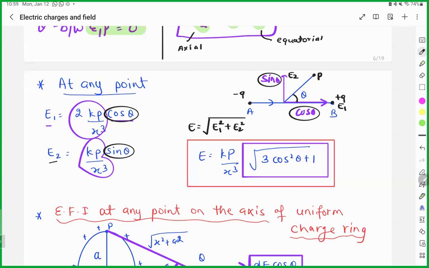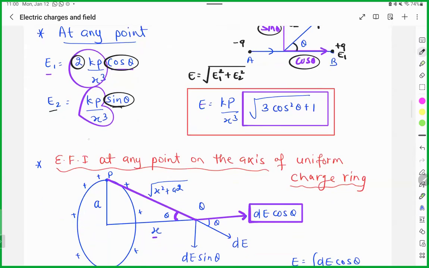Understood? Just take squares. Here 2 cos theta the whole square, and here sine theta. Okay. So what happens if you calculate the total electric field?